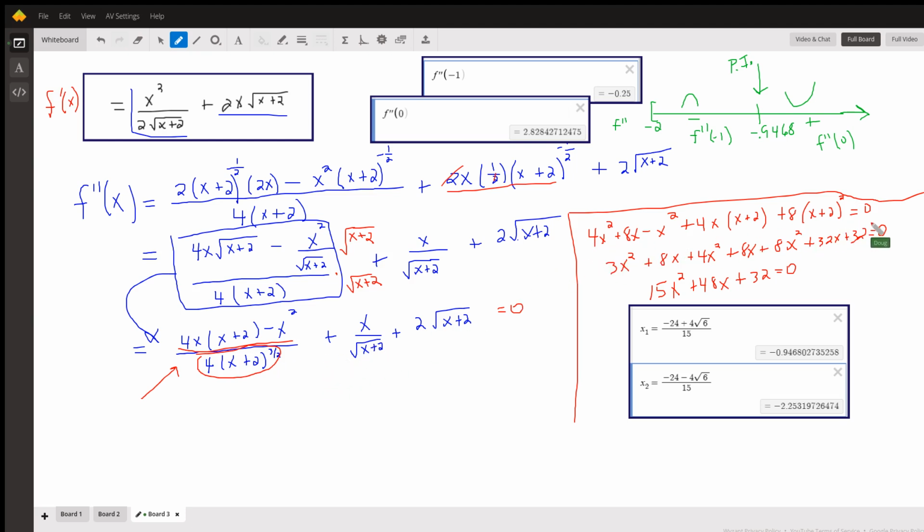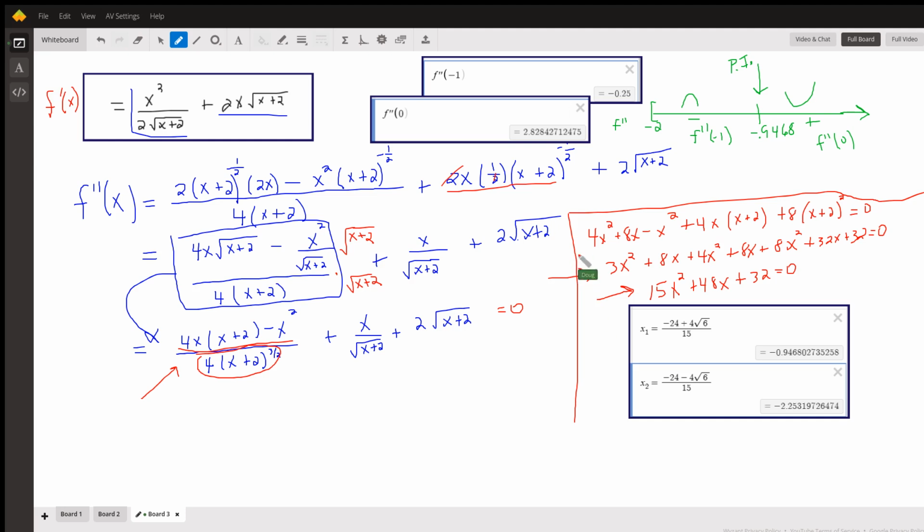And I'll let you figure out what happened here. It's just multiplying through by the LCD, simplifying and combining similar terms. You get this quadratic equation. Probably simplest to solve that by using the quadratic formula, where A equals 15, B equals 48, C equals 32.